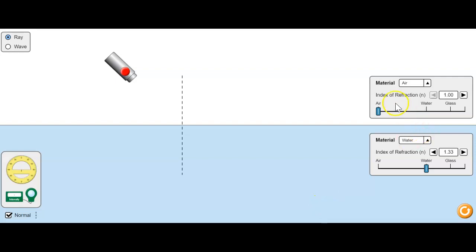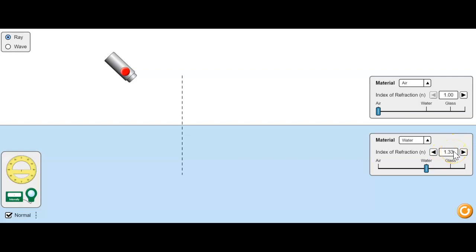I'm not sure if you happened to notice this little bit about the index of refraction, and that there's a numerical value there. Air has an index of refraction of 1.00, and water has an index of refraction of 1.33.